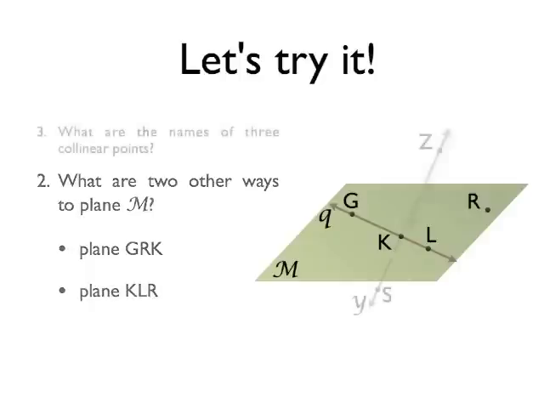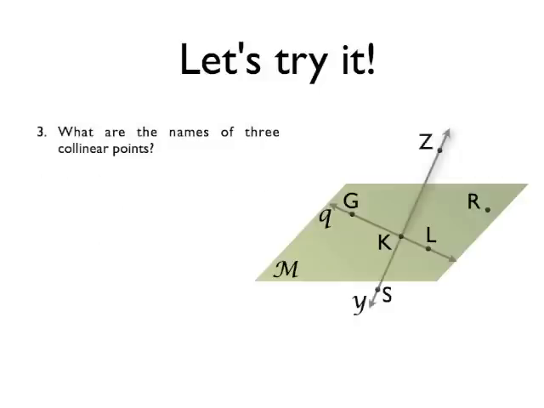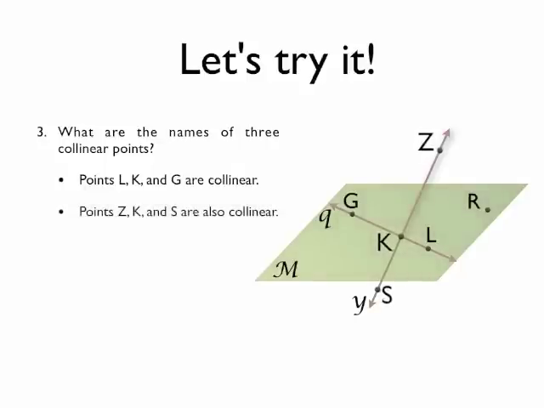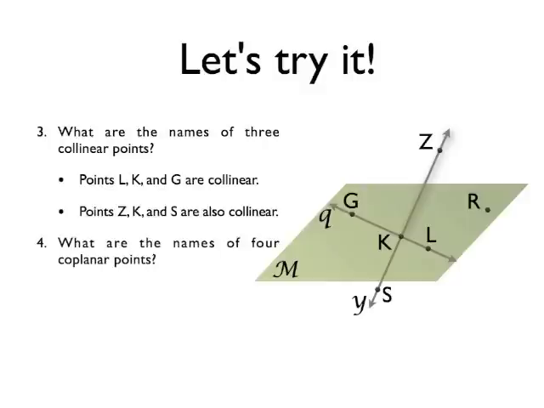Okay, two more. What are the names of three collinear points? Well, you'll notice line Q there, and points L, K, and G are on line Q. Also, line Y, and points Z, K, and S are on line Y. What are the names of four coplanar points?